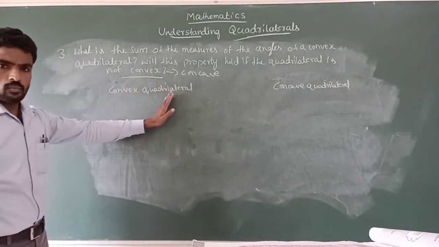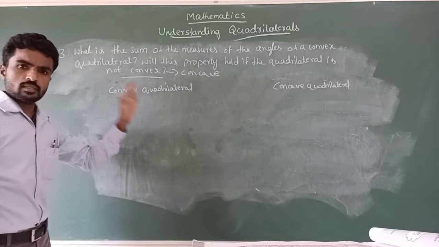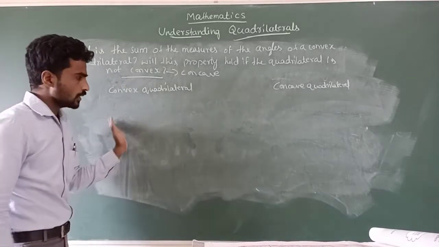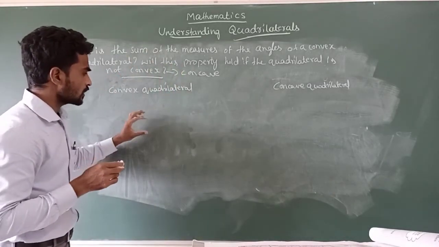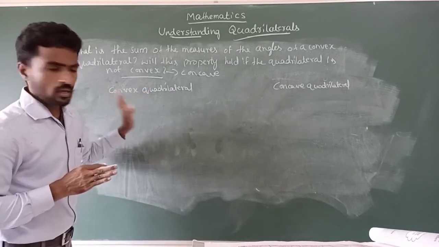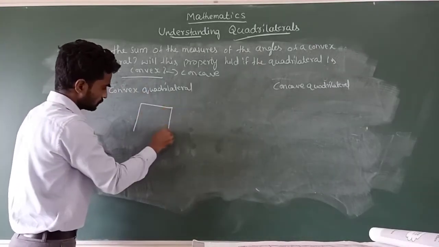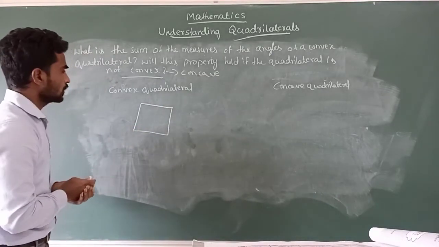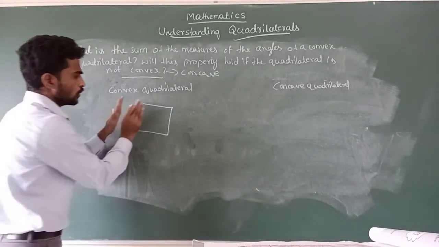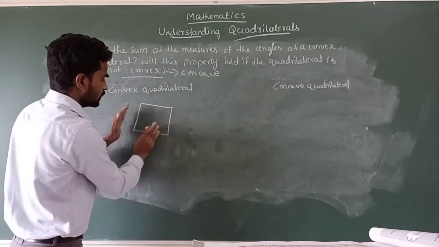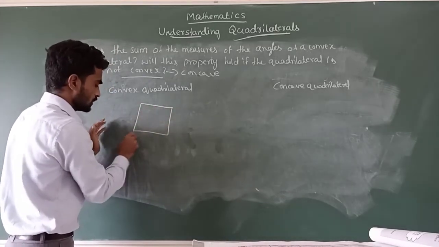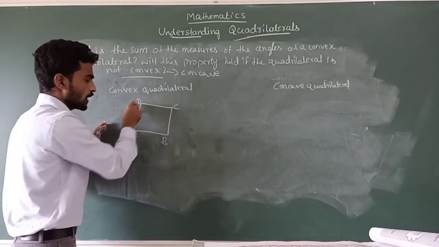Convex quadrilateral means all interior angles are less than 180 degrees and also all diagonals are inside the quadrilateral. I will draw one quadrilateral. We don't know the sum of interior angles of this. ABCD is a quadrilateral.